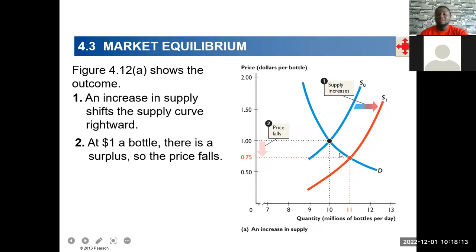So quantity demanded will increase from 10 to what? 11. So this is the new equilibrium point. Price falls, quantity increases. Are we together? So you see what is happening here. With an increase in supply, price is changing in a different direction. Supply increases, price falls, but then the quantity will move in the same direction. Okay, so this is one.